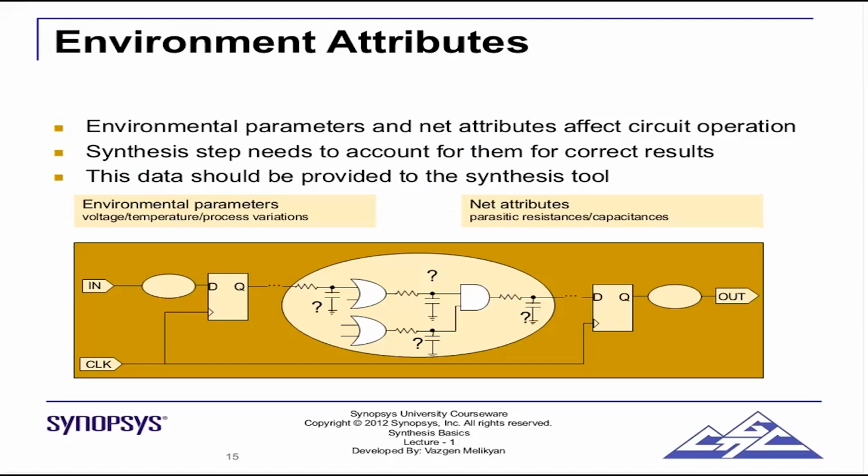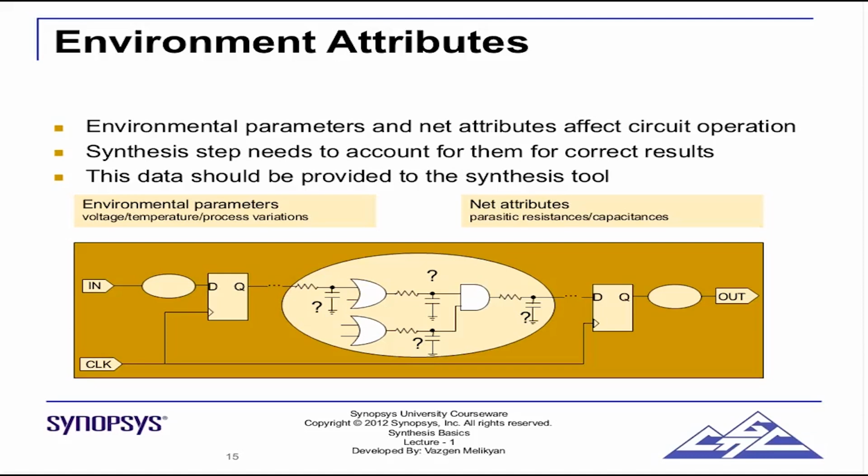It is never accurate, because accurate interconnect information only comes after physical design, after the layout is done. In the process of synthesis we obviously do not have the layout information, so any interconnect information we provide is based on estimates. We will see what those estimates are. The synthesis steps need to account for such estimates for correct results, so we should provide this data.